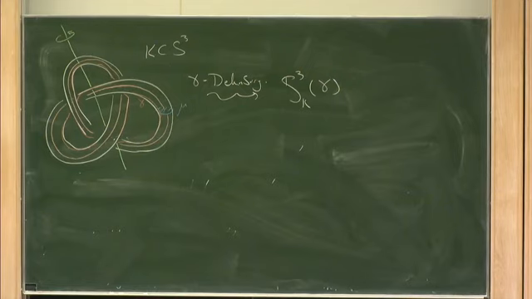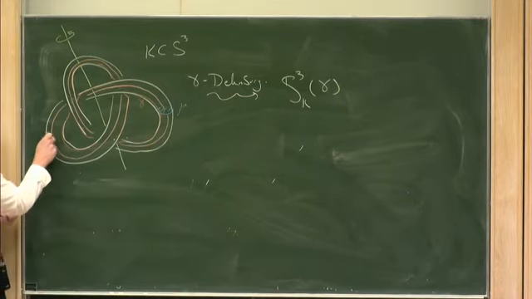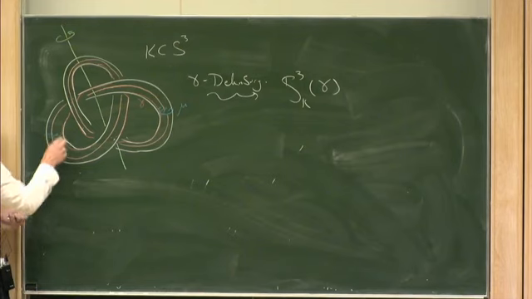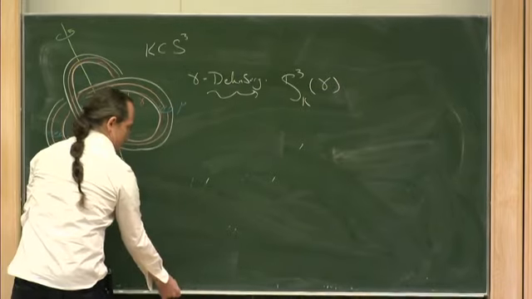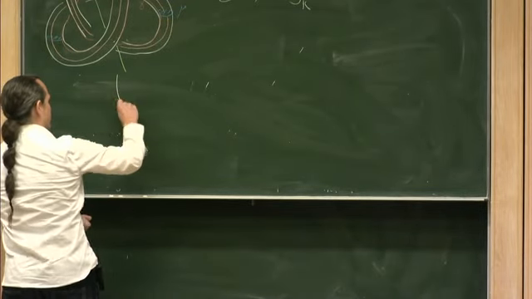And in fact, the inversion brings mu to another curve over here that gets intersected once. So that's the image of mu. And what we can do is quotient by the involution.